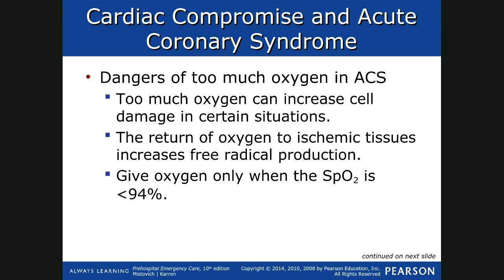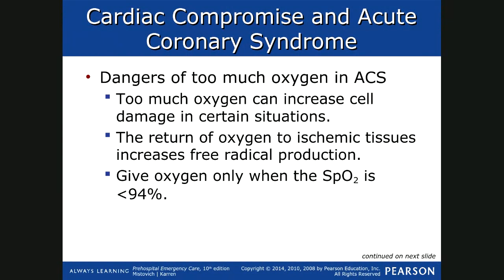Also, oxygen can cause vessels to constrict when you give too much of it. Well, that's counterproductive if we're constricting vessels with someone who's having a heart attack, because we're giving them nitroglycerin to vasodilate their vessels to try to get more oxygenated blood to the heart muscle. So you have to be very, very careful about giving too much oxygen.